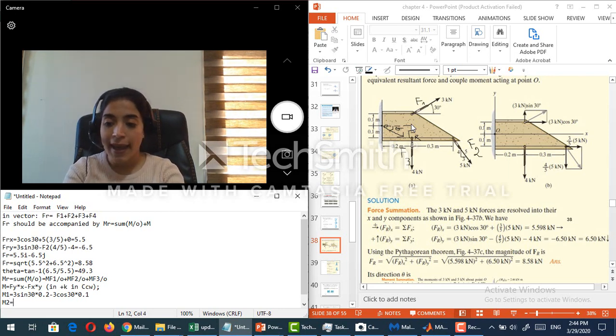Let's go to M2. M2 here has a negative y, so it is minus F2y, that is equal to 4 over 5, times x, and x here is 0.5 in plus direction. Minus Fx.